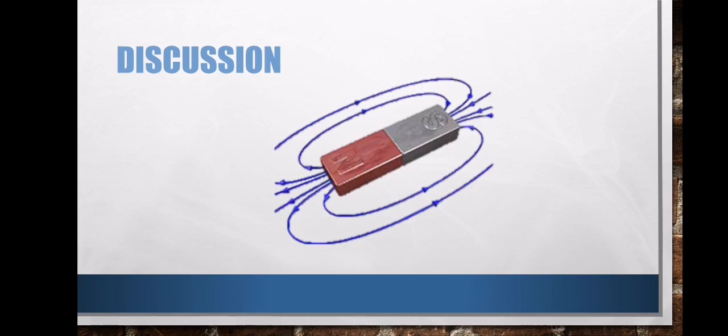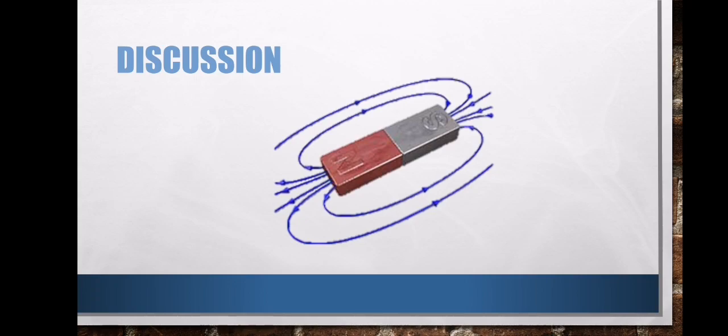Or in another definition, magnetic field refers to the region surrounding a magnet in which the force of the magnet can be experienced. That is why if we are going to place a magnetic material near the magnet, it will definitely be attracted because of the force that the magnet exerted.